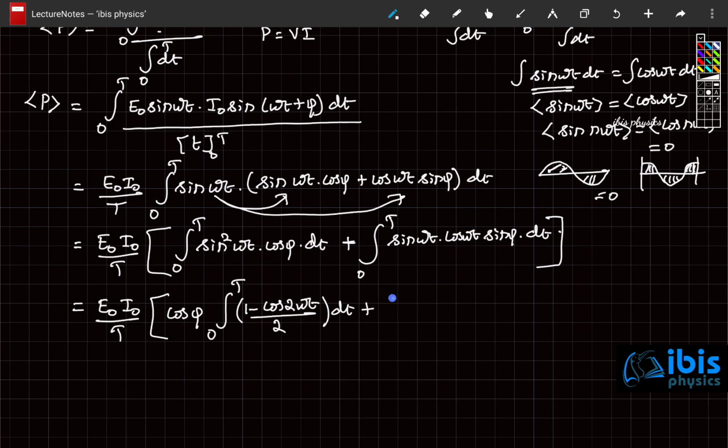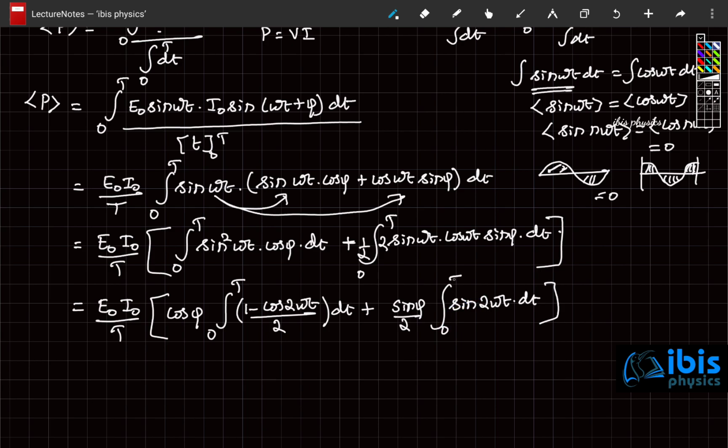Kindly go and check it. Plus integral, I am taking sine phi out, integral sine omega t cos omega t is there. I am just multiplying by 2 and dividing by 2, so that 2 will be here. 2 sine omega t cos omega t is sine 2 omega t dt.